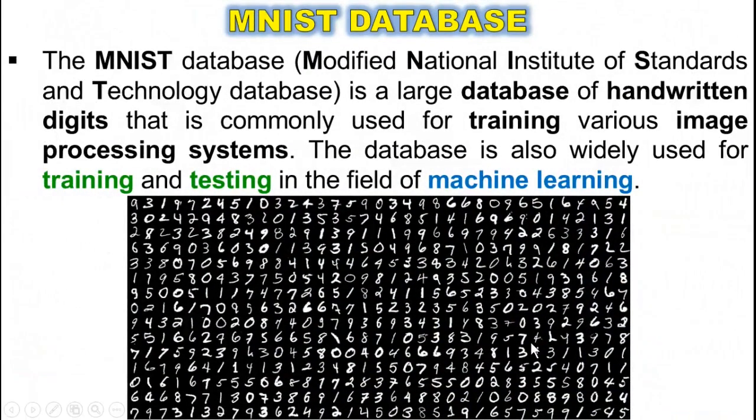The MNIST database, or Modified National Institute of Standards and Technology database, is a large database of handwritten digits that is commonly used for training various image processing systems. The database is also widely used for training and testing in the field of machine learning.